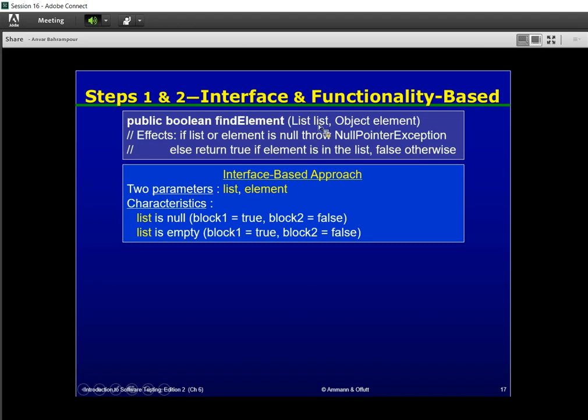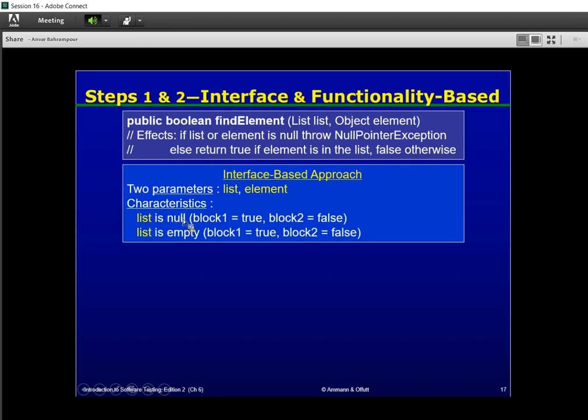We could define a block which consists of a null list, or a list with zero elements, an empty list, or we could define a block with lists with more than one element. So we could consider several characteristics for this parameter.